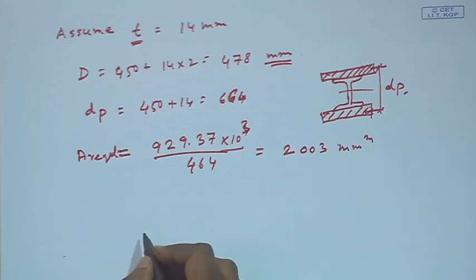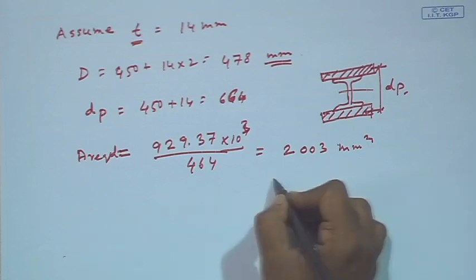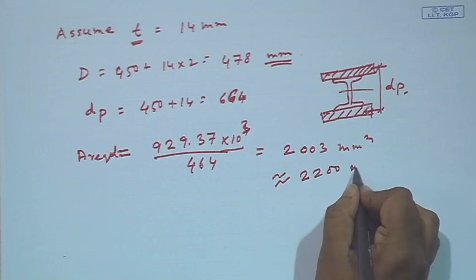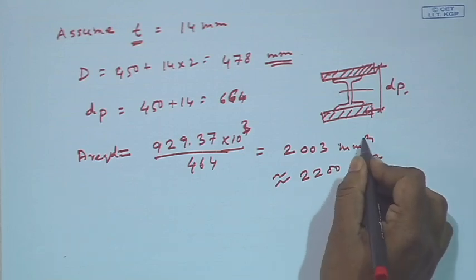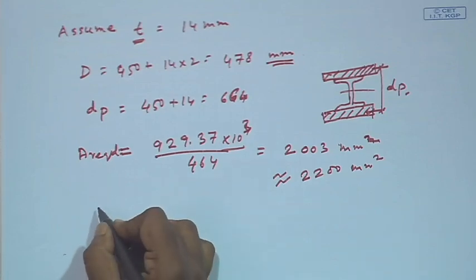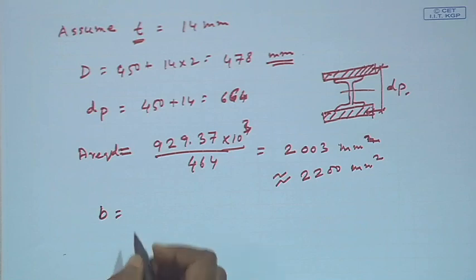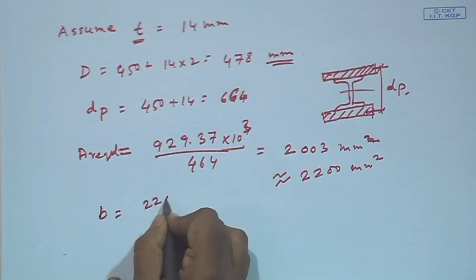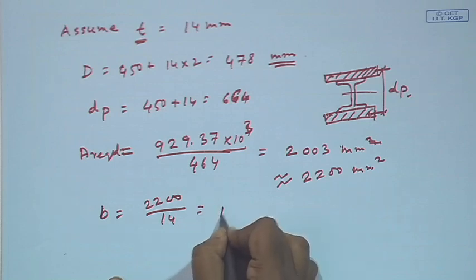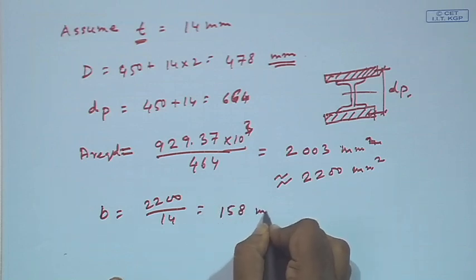Now, we can provide a certain area, say let us increase it to 2200 millimeter square, right. Now, the width of the plate B will be 2200 divided by 14. So, that is becoming 158 mm.